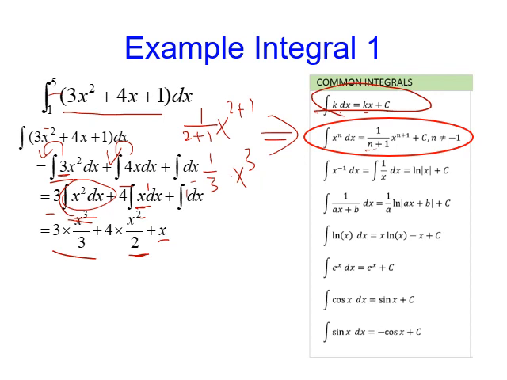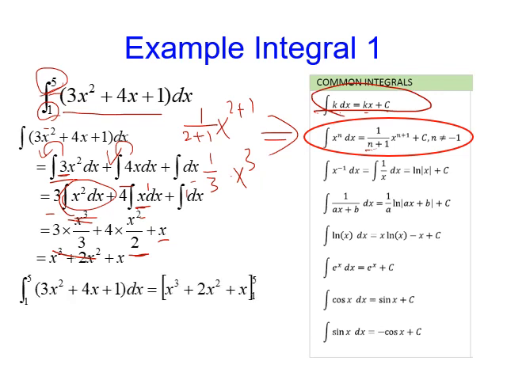Now from 1 to 5, the fundamental theorem says it should be final minus initial. So you use final, when x is 5, minus initial, when x is 1. Plug in, and the answer is 176.